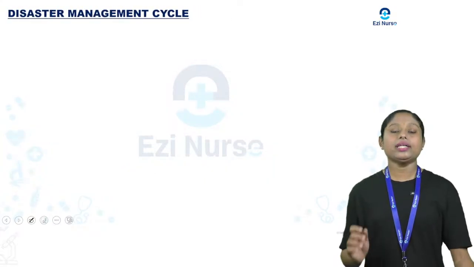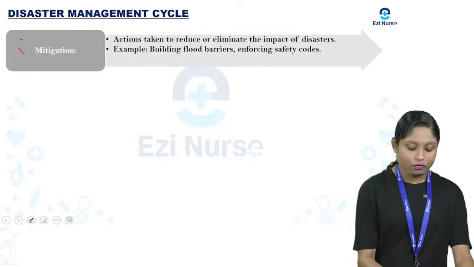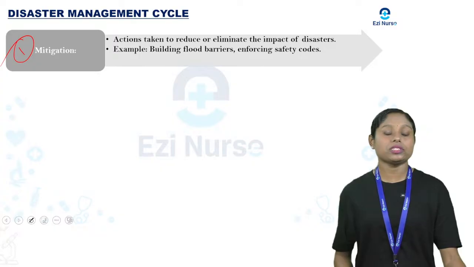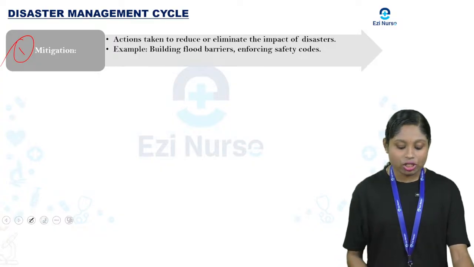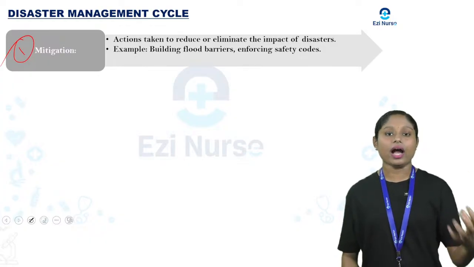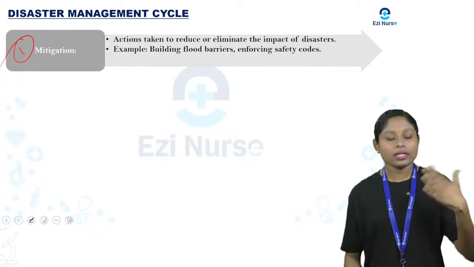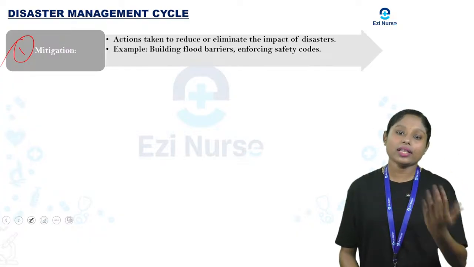Let's move on to the disaster management cycle. What is the first step? Mitigation. It means actions taken to reduce or eliminate the impact of disasters. In a particular area, we know there is a chance of flood when heavy rain comes, so from that area the people should be moved to other safe areas.